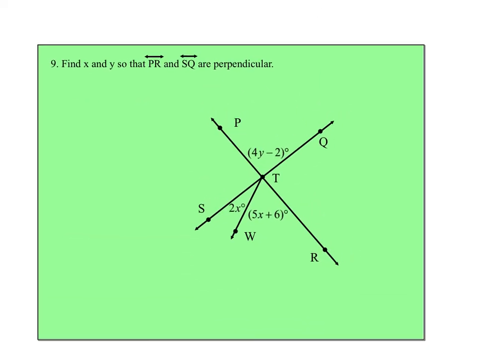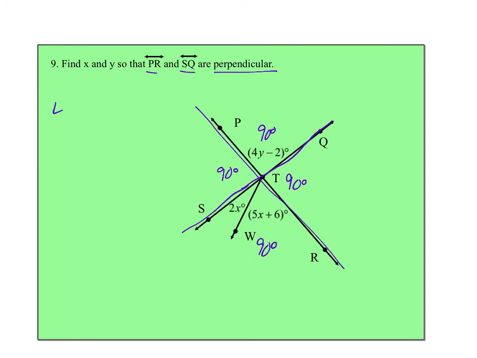So find x and y so that PR and SQ are perpendicular. Okay, so PR is here, SQ is here. Figure out x and y so that they are perpendicular. Well, if they're perpendicular, then there's 90-degree angles all the way around here.